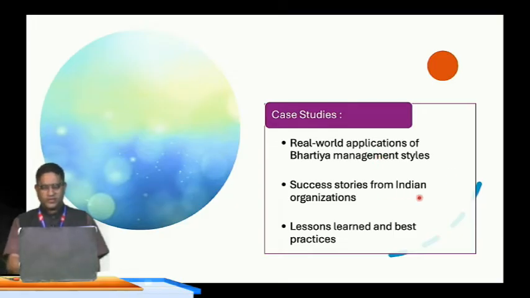Then the success stories of Indian organizations, we would also have case stories related to real world application of the Bhartiya management style. As you are aware, the Bombay Dabbawala is quite famous worldwide. The case study has been taught in many of the B schools in India as well as abroad.